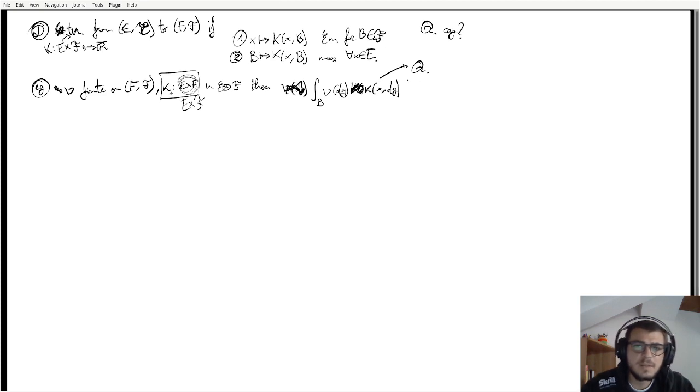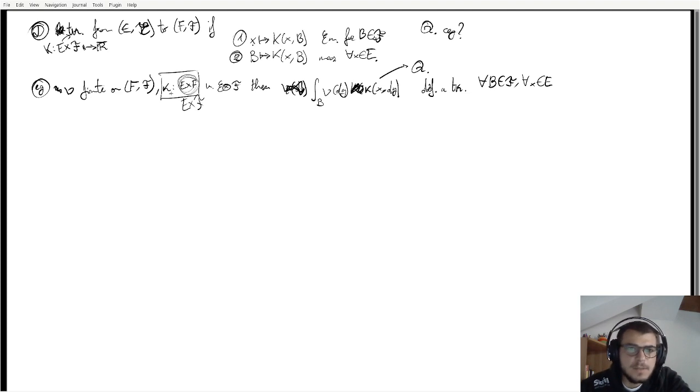Well, this thing here defines a transition kernel from the space E to the space F, for any B in F and for any X in E. Okay, so this is the definition of a transition kernel, which is a hybrid object.